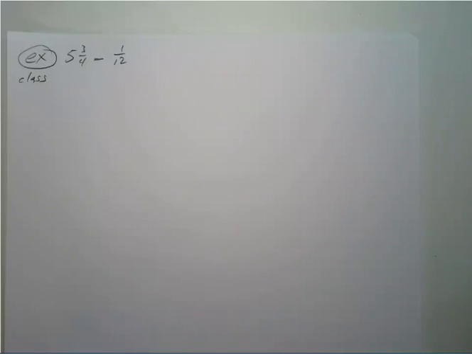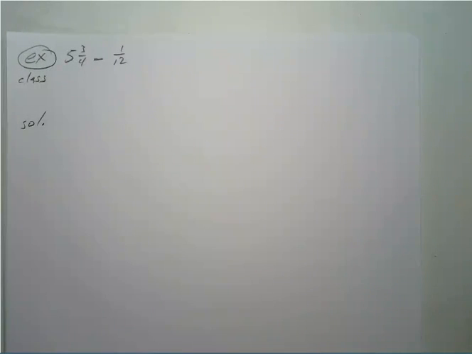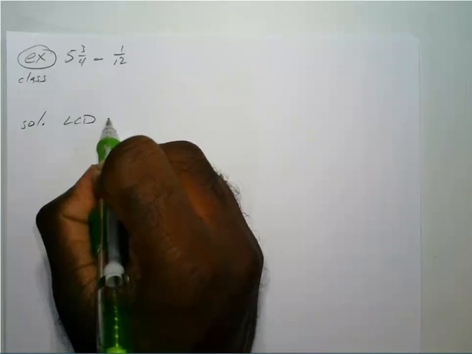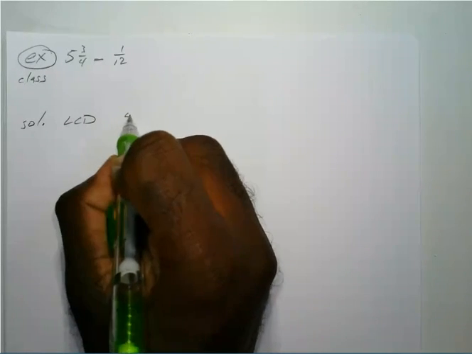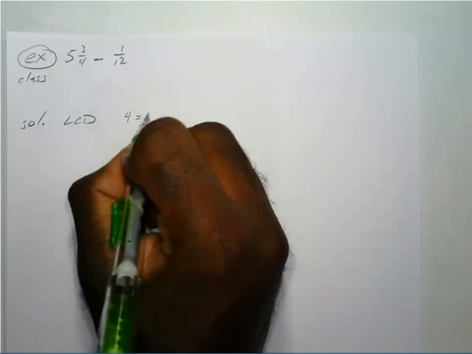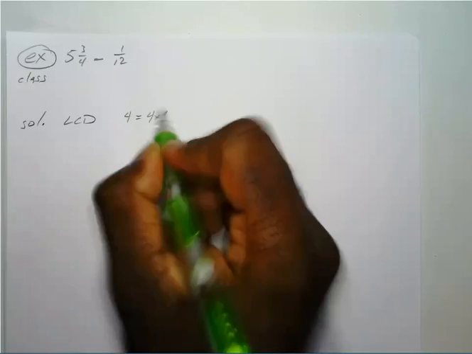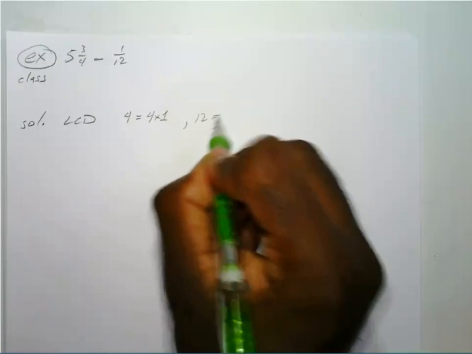All right, so assuming you've pressed pause, let's go ahead and solve this one. Okay, so you have your least common denominator that we have to find. So you have 4, which is just 4 times 1. And you have 12, which is 4 times 3.